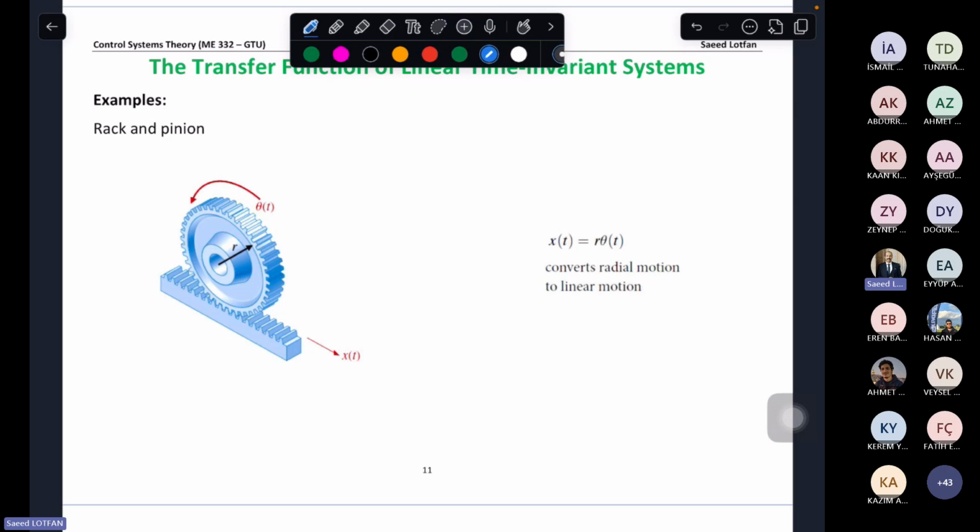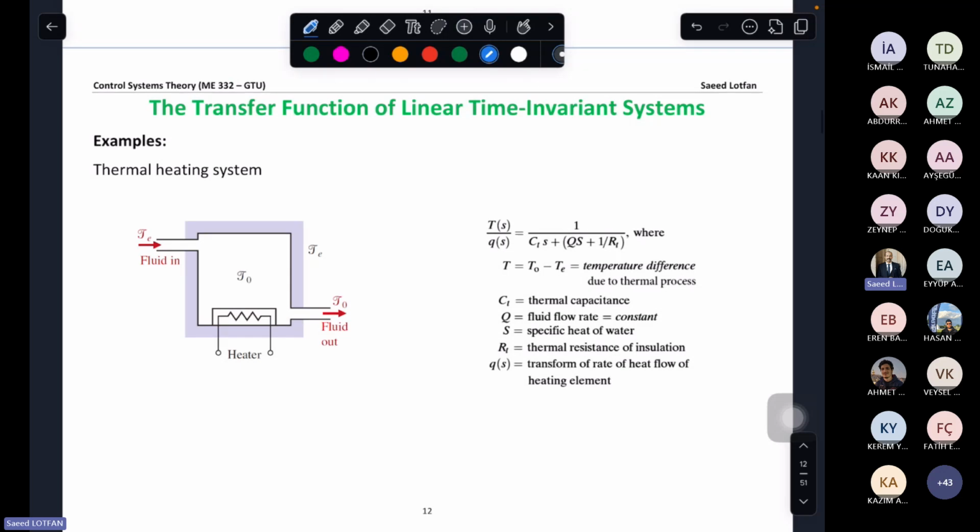And there are also some other examples like thermal heating system. If we have some system with fluid in and fluid out, we have this relationship coming from the thermal conduction inside the heater and the fluid here, in which we have these constants like thermal capacitance, fluid flow rate, specific heat of water, thermal resistance of insulation, and we have the transform of the rate of heat flow of the heating element Q in the Laplace domain.